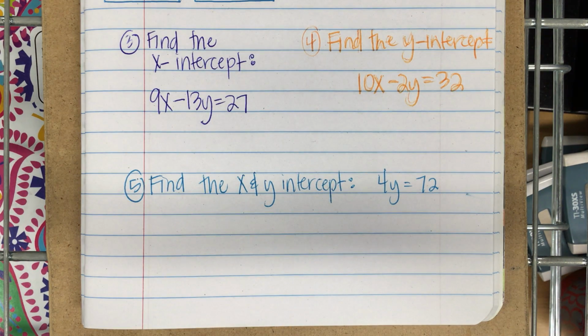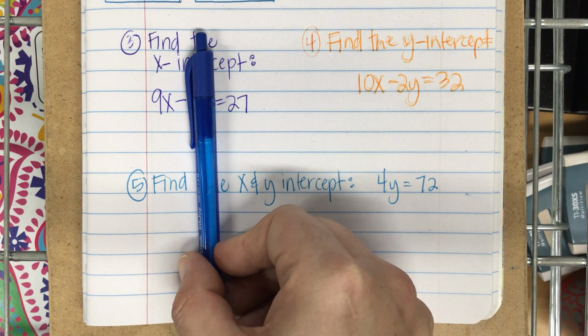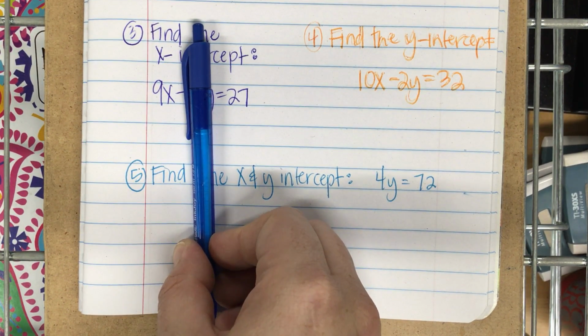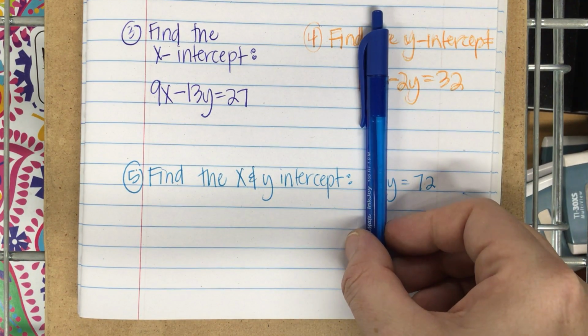It's kind of counterintuitive. To find the x-intercept, x has to stay, right? Meaning you get rid of y to find your x. To find your y-intercept, you have to get rid of the x. The y has to stay.